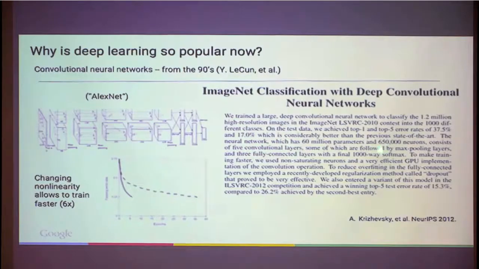It has 60 million parameters. It has 5 layers, so that means each application of nonlinearities counts as a layer. So depth 5. And then to make training faster, they used non-saturating neurons and a very efficient GPU implementation. And it was the top entry, beating the state of the art by about 10%.